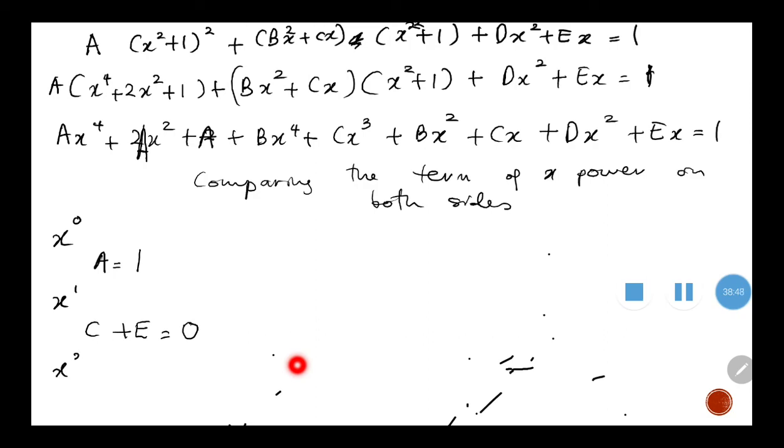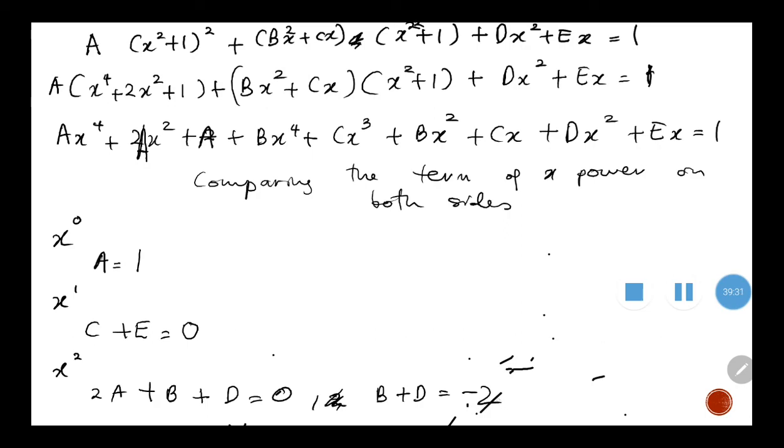So x to the power of 2 is 2a plus b plus d equal to 0. So now we know a is 1, so we have here 2, so b plus d is minus 2.